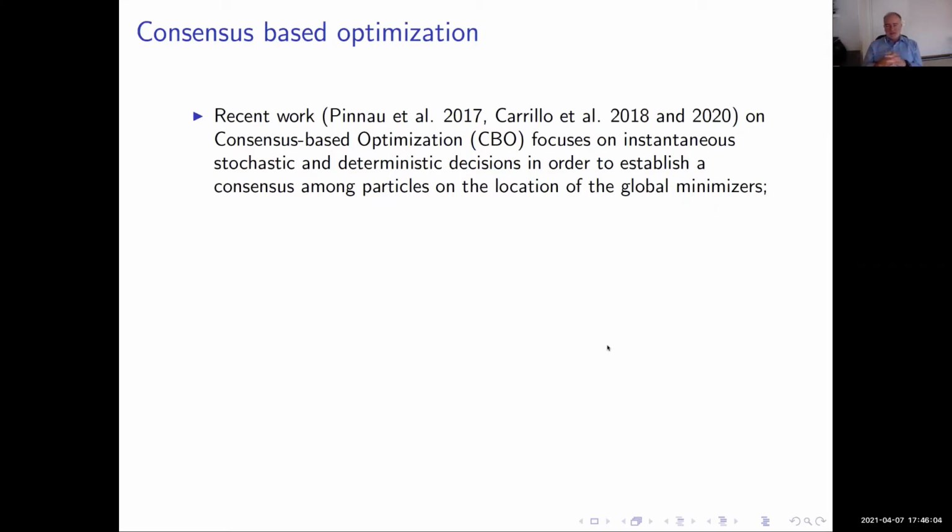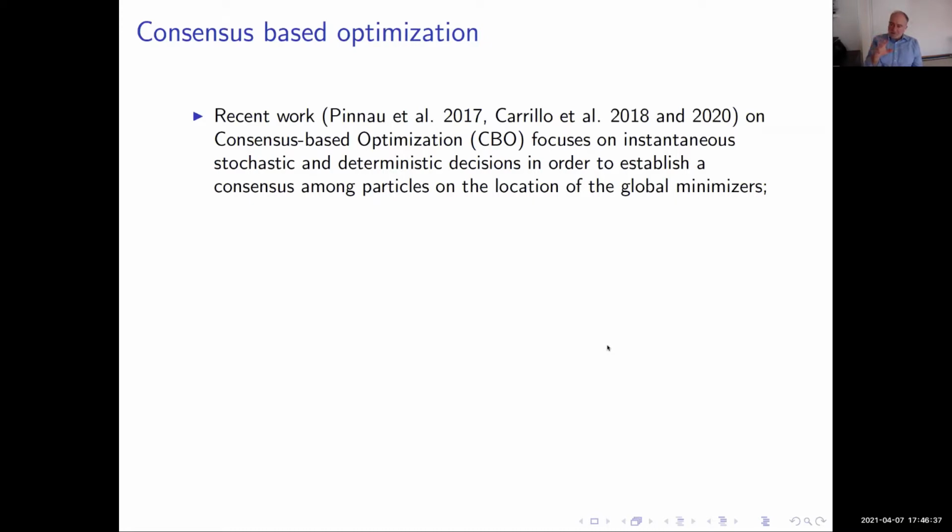Consensus-based optimization focuses on instantaneous stochastic and deterministic decisions, which means that the dependencies and the way you can analyze this method become a somehow simpler process to understand. The aim is to establish a consensus among optimizing agents, that we may even call particles, inspired by physics, on the location of the global minimizer.